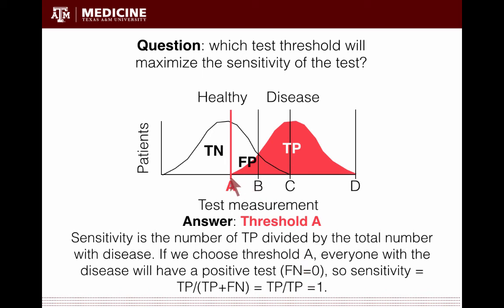So there are no false negatives shown anywhere in this graph, because all the persons with disease are accounted for above threshold A. So with false negatives at 0 and sensitivity equal to true positives divided by true positives plus false negatives, with this at 0, that simplifies to the number of true positives divided by the number of true positives, so that will always be equal to 1.